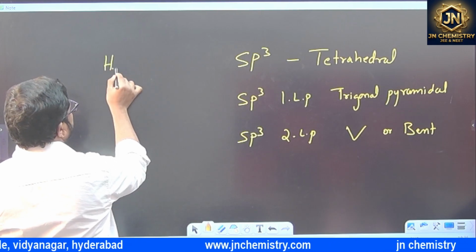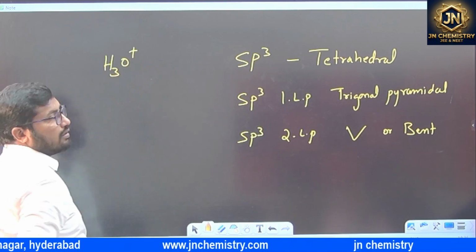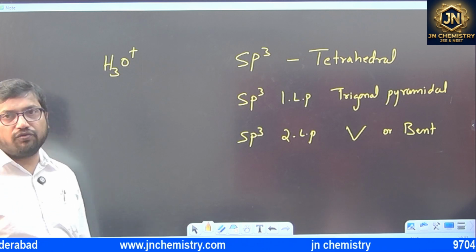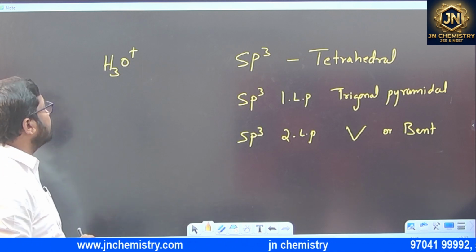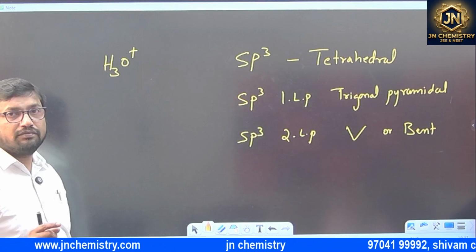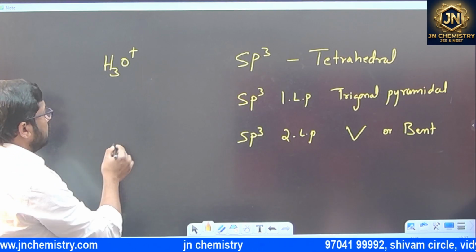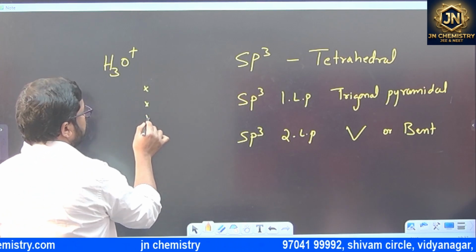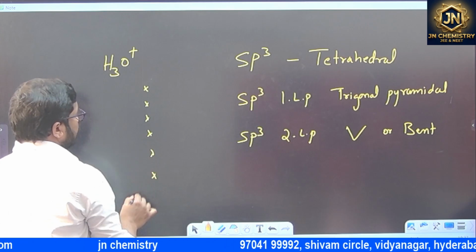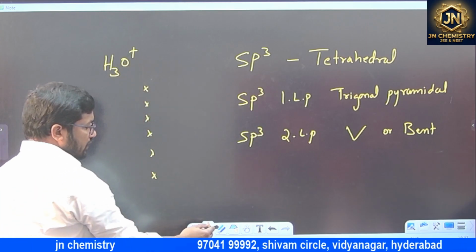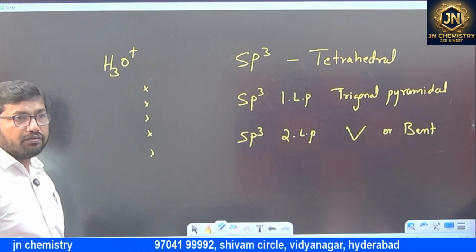H3O plus. If plus charge is coming, plus means we need to remove one electron. Actually, now what is the central atom, Isha? Oxygen, 6. 1, 2, 3, 4, 5, 6. But whenever the plus is there, what we need to do? We remove one.